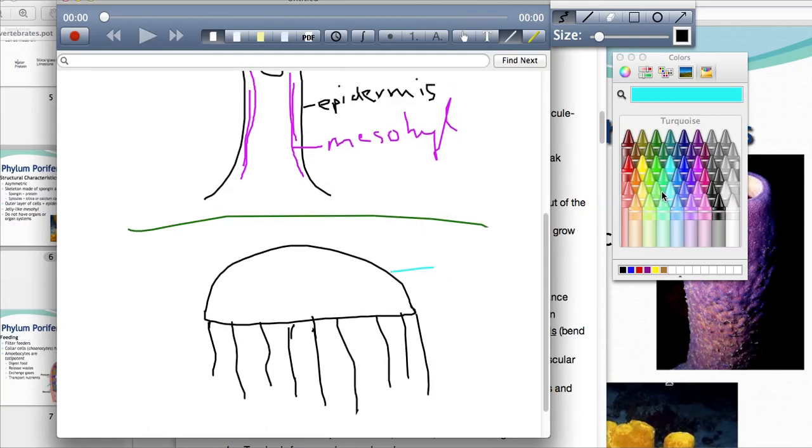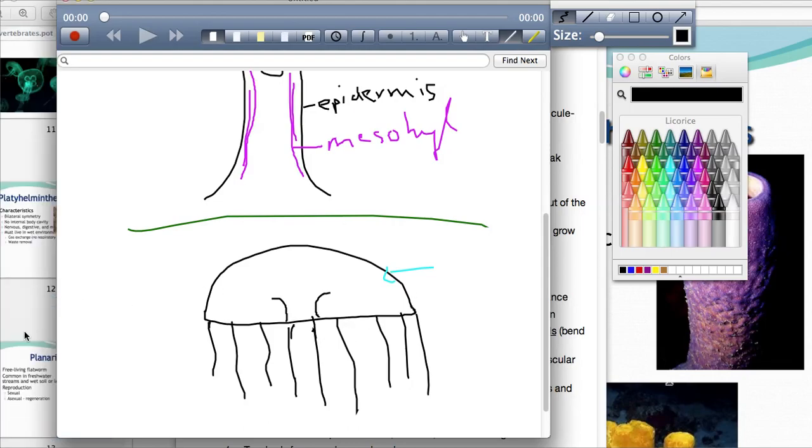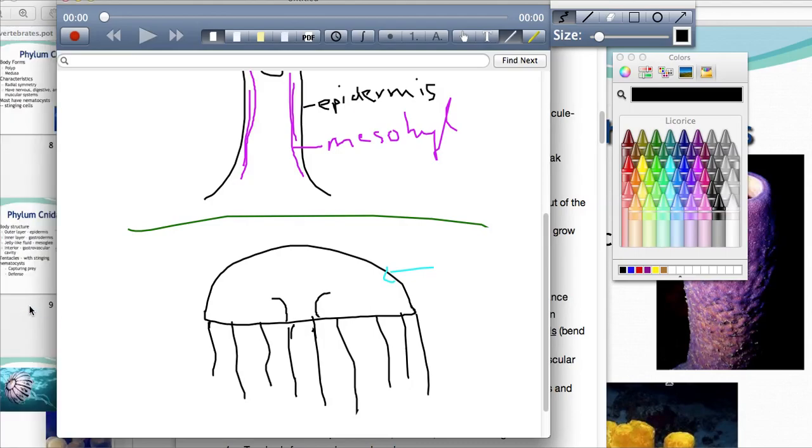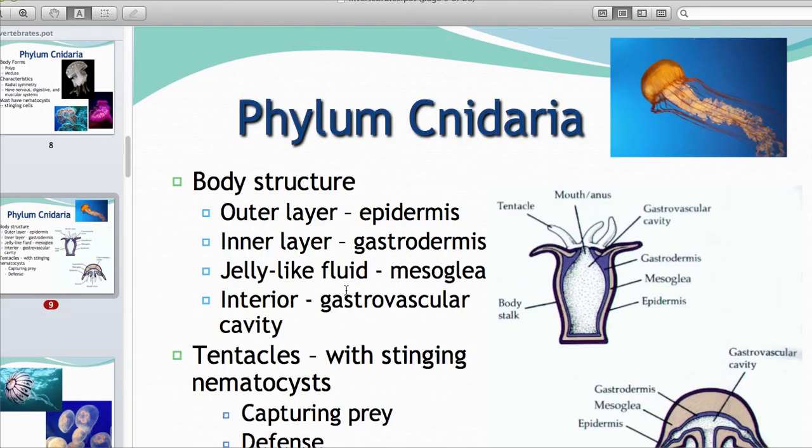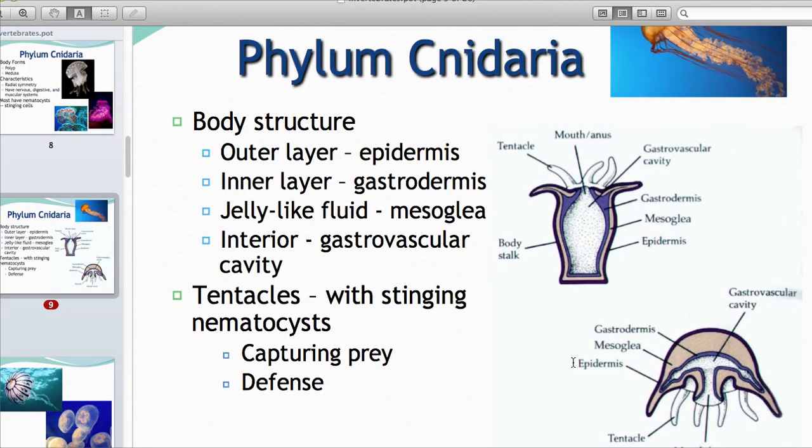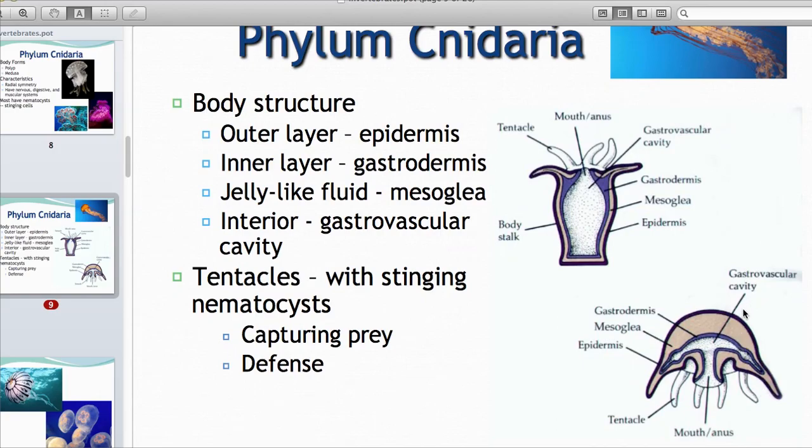That's the epidermis right there. Then, it's got something called the gastrovascular cavity, which this is an approximate. You can go to Google Images. In fact, I have some good pictures of it on the PowerPoint that I was using earlier. This is a good picture of it. We're going to draw our own. This is a gastrovascular cavity right here.